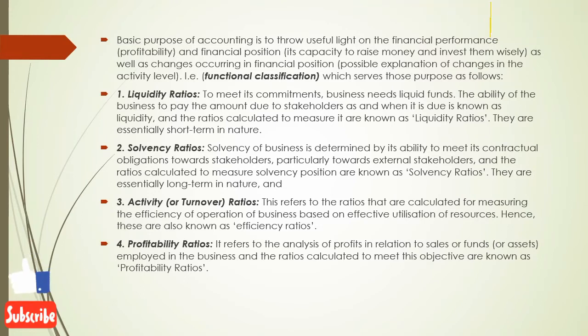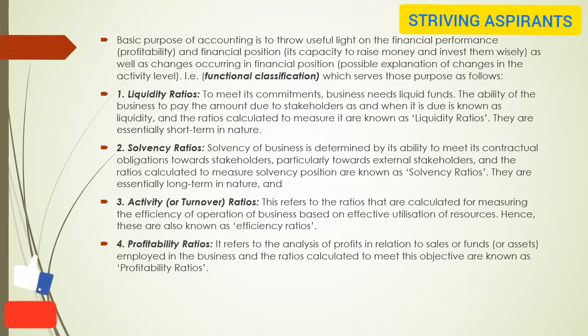So this will be short term in nature. Here we check whether the business has the capacity to pay the cash amounts as and when required to the outside parties.